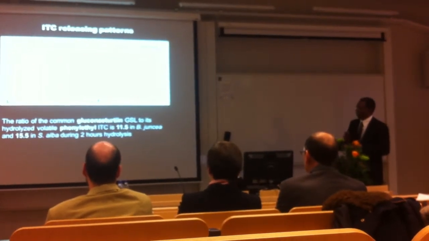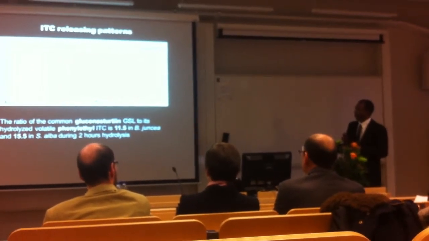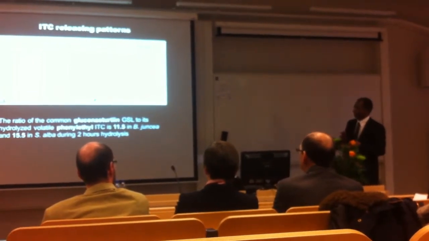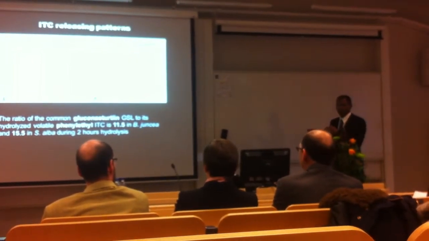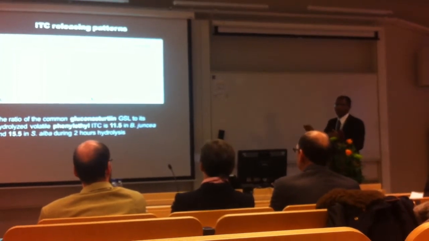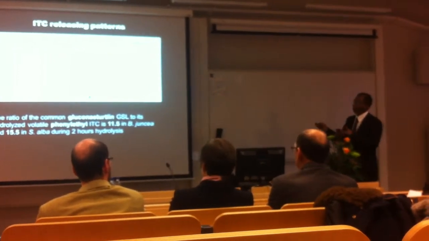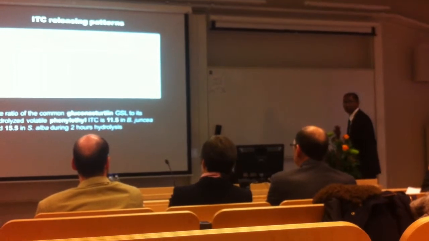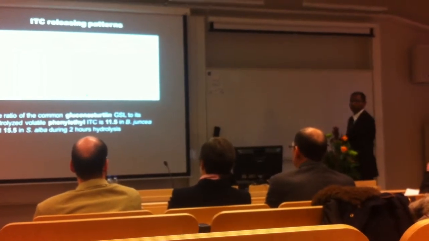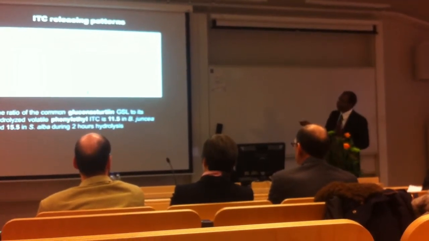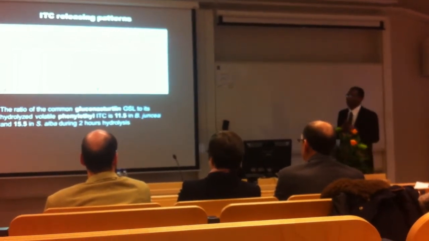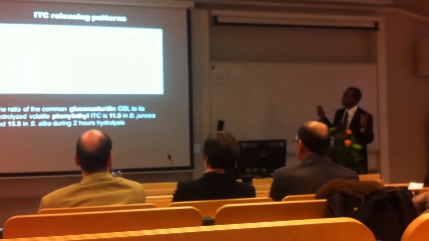I found that the allyl isothiocyanates increased over time during the 2 hours of hydrolysis. On the other hand, benzyl isothiocyanates started with a high peak and immediately went down. So these are the 2 dominant isothiocyanates in the 2 different plant species.